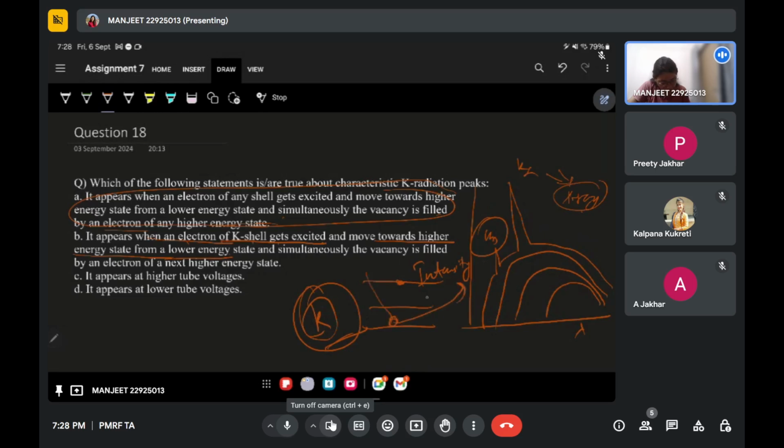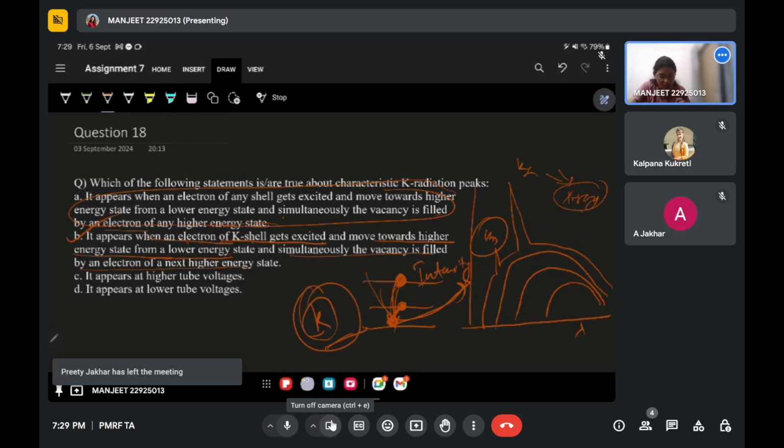Once this electron is removed, simultaneously the vacancy is filled by an electron of the next energy level. So this is the correct statement for the characteristic K alpha radiation.